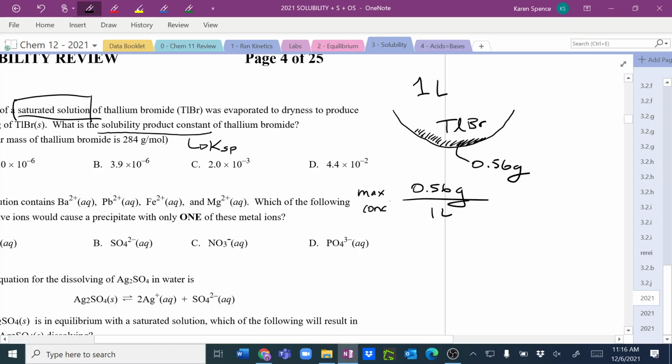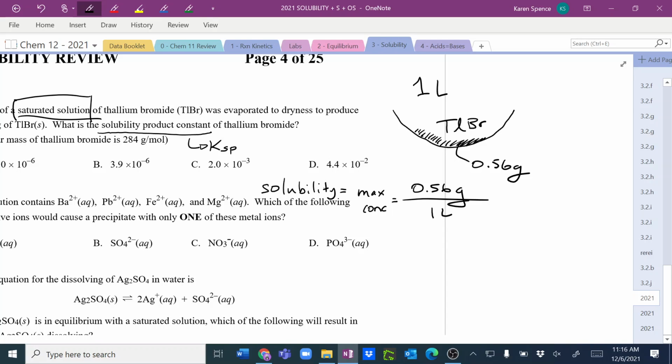And if that is the maximum concentration, that means that that is the solubility. So the solubility is 0.56 grams per liter.